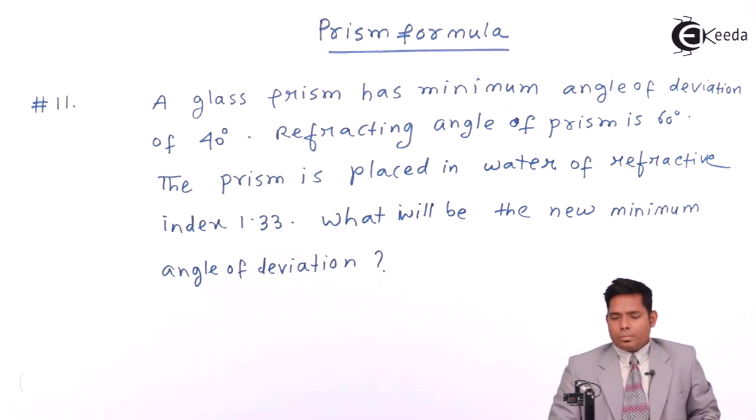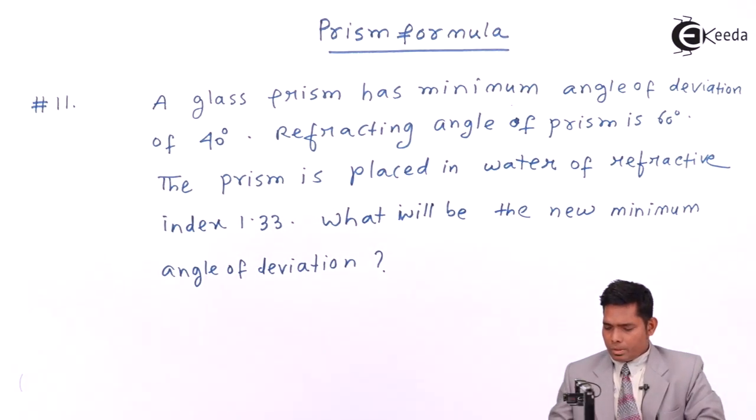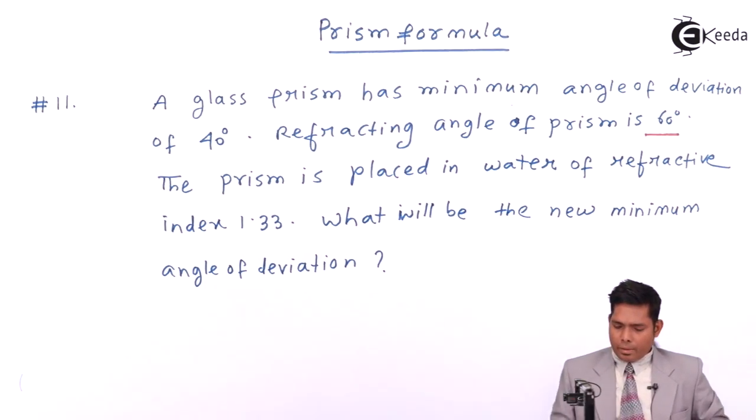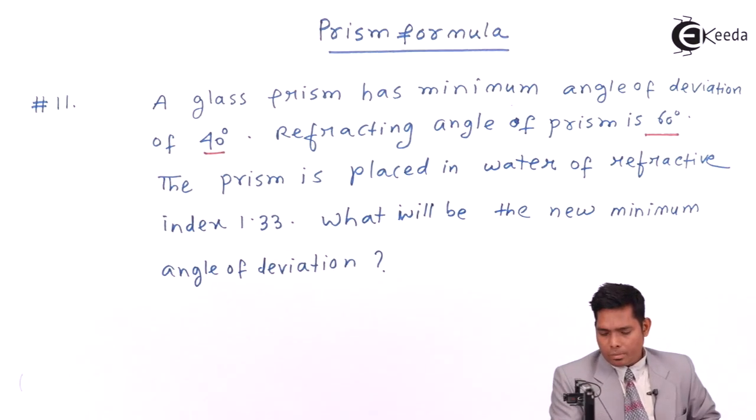There is a glass prism whose angle of prism is 60 degree and minimum angle of deviation is 40 degree.